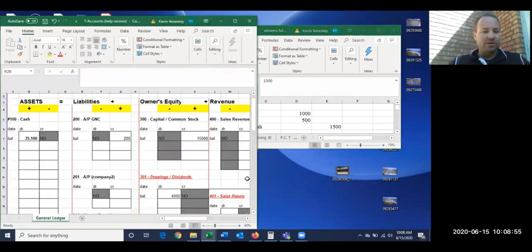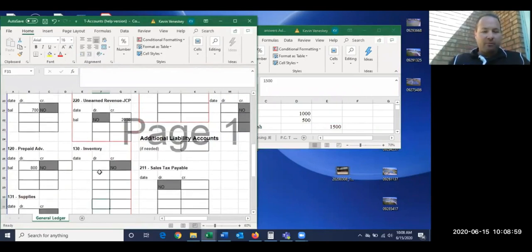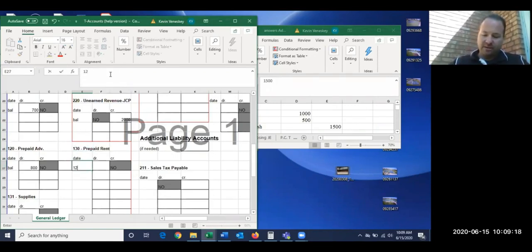Now we need to put these into our T accounts. First thing I see is I don't have a prepaid rent account, so I'm just going to make this one a prepaid rent since I already have it available. We're not going to have inventory. We're not going to start that until next week. So we have prepaid rent, and this is on, I believe it was 12/5.